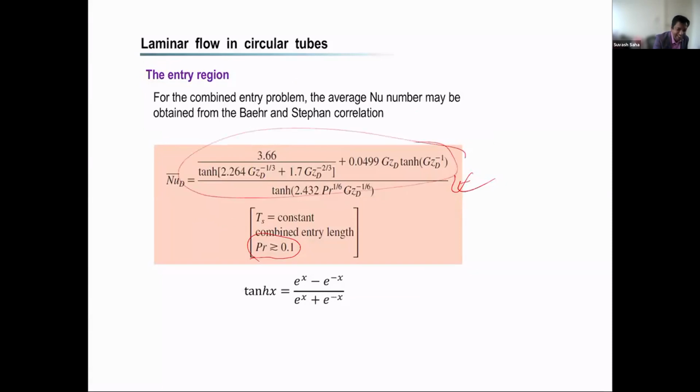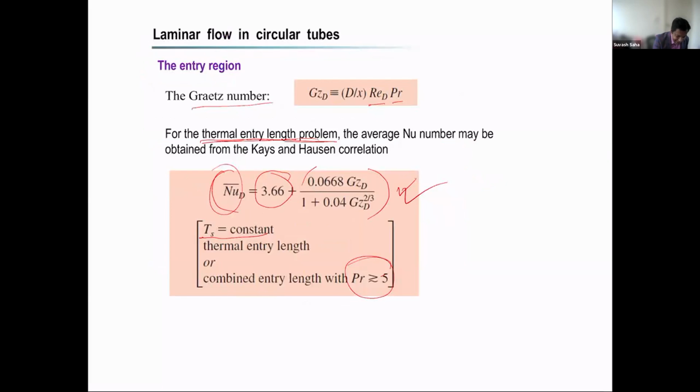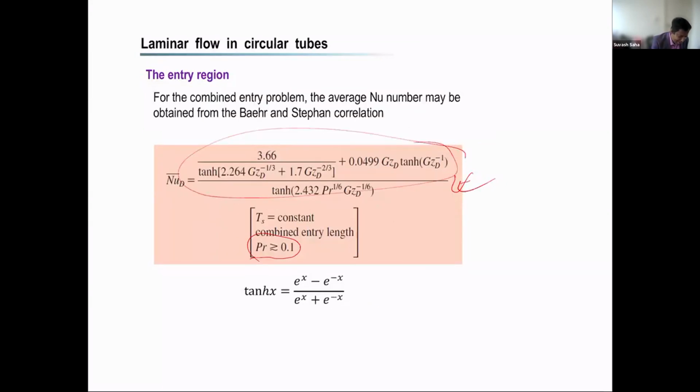But the difference is, the researchers who developed this correlation, Sieder and Tate, developed this one for Prandtl number greater than or equal to 5. But these two guys developed another one for Prandtl number 0.1 to 5.